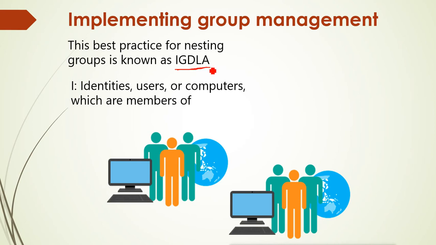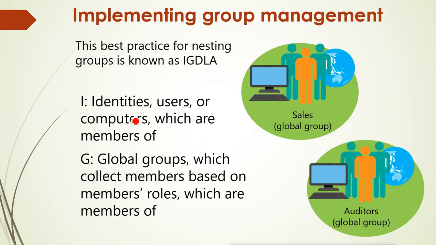It is called IGDLA. Now I means identities, that means users or computers which are members of the domain. These are the users or computers which are going to be the members of the groups. So it is I. Then next, after I is G. Now G means global groups, which collect members based on members' roles.